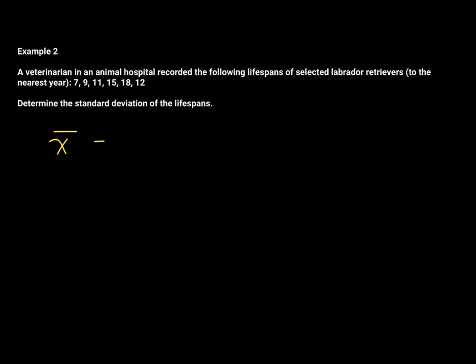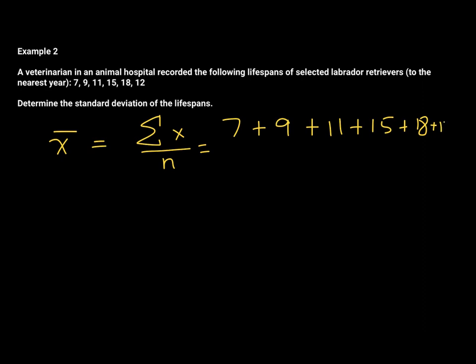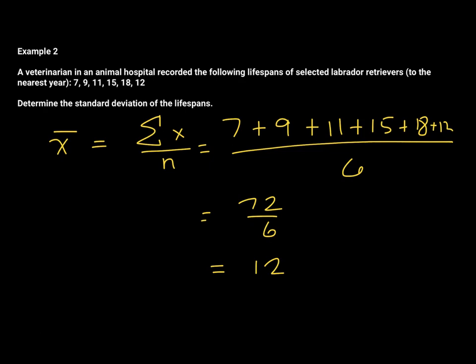It is the sum of all the data divided by the number of pieces of data. So then it is 7 plus 9 plus 11 plus 15 plus 18 plus 12, all divided by 6. So this is 72 over 6. So the mean is 12.